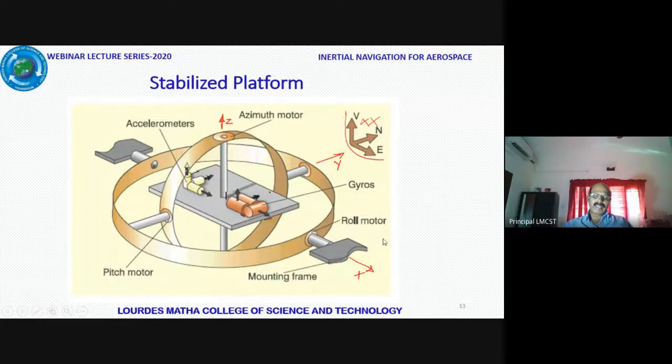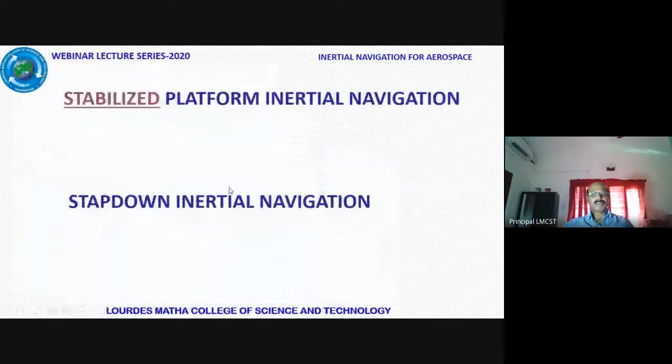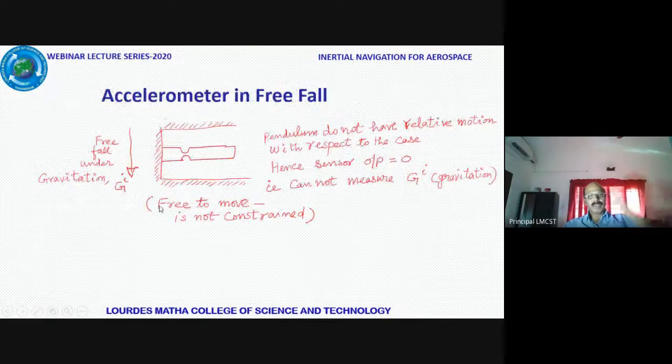That is an enormously tiresome process, and therefore people preferred this strap-down system compared to the stabilized system, and the required computational power was achieved by processors by the early 70s. So from here onwards, our focus will be on the strap-down inertial navigation system.